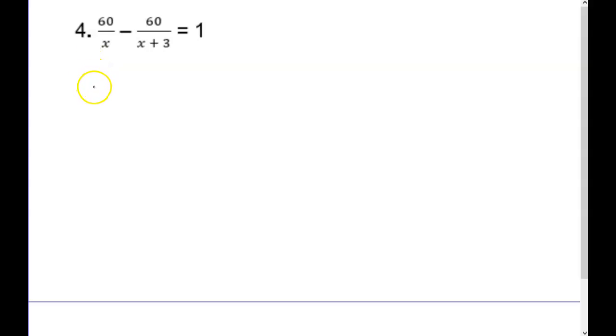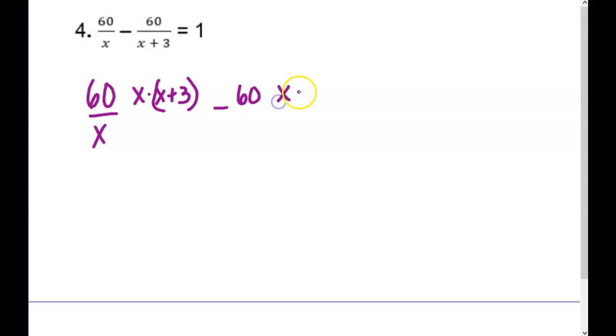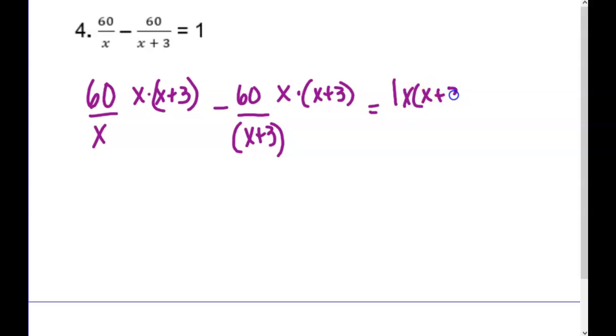Common denominator here? Yeah, x and x plus 3. All right.